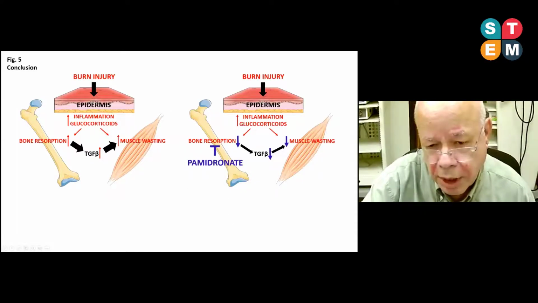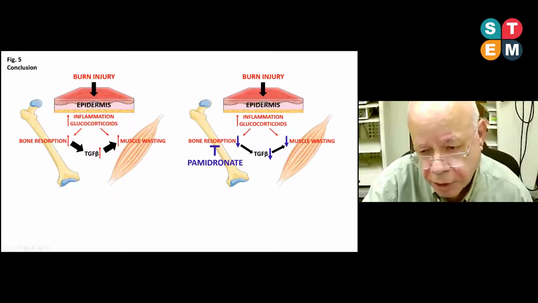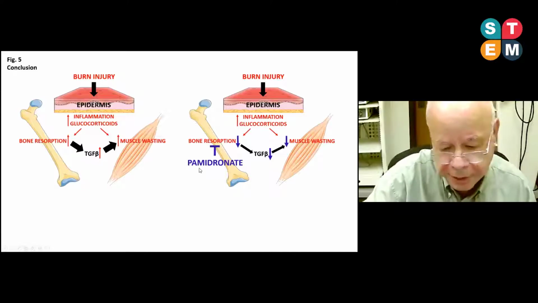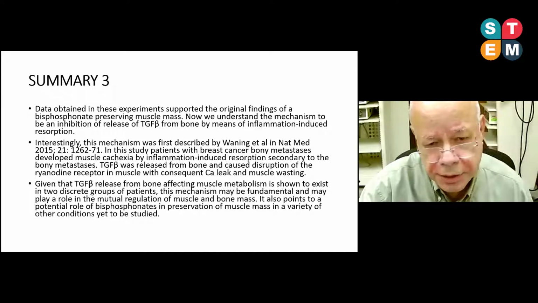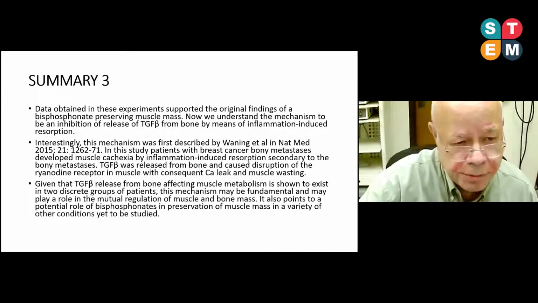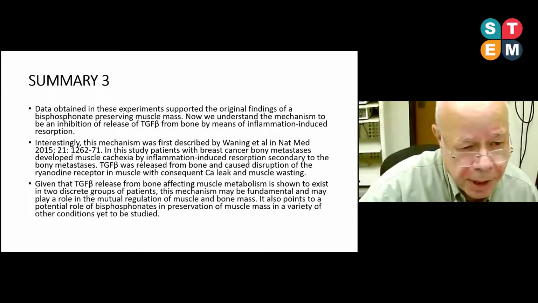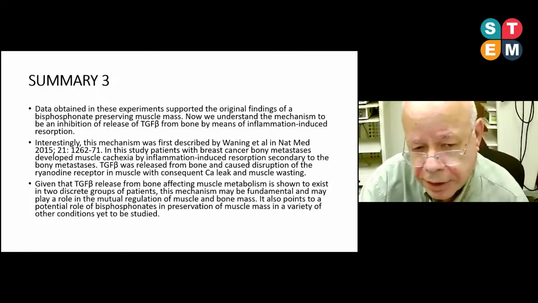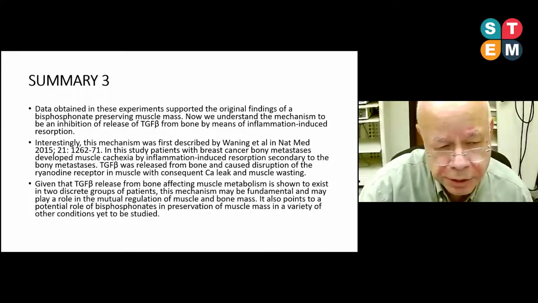Whereas an anti-resorptive agent, pamidronate, will block the bone resorption, decrease the amount of TGF-beta released from bone, and preserve muscle mass. So the data obtained in these experiments supported the original findings of a bisphosphonate preserving muscle mass. Now we understand the mechanism to be an inhibition of release of TGF-beta from bone by means of inflammation-induced bone resorption.